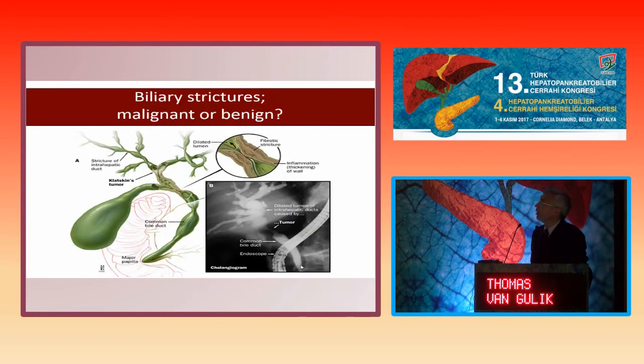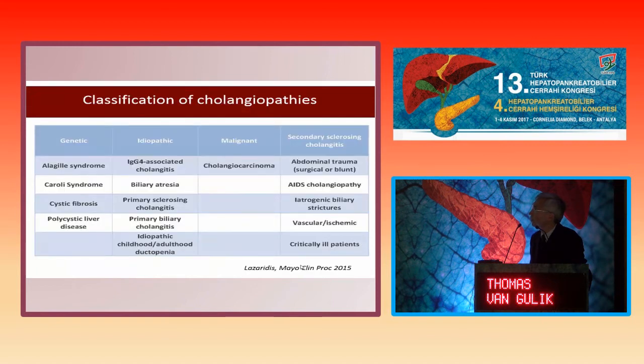So the dilemma is when you have a patient with a stricture at the liver hilum, is it malignant or benign? And the first speaker, our radiology colleague, already touched upon that problem of defining a malignant lesion and differentiating it from a benign lesion. But that is one of the most important points, I think, and very difficult to show.